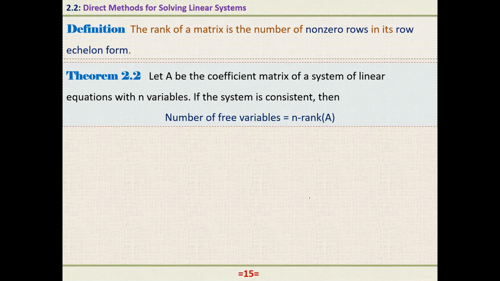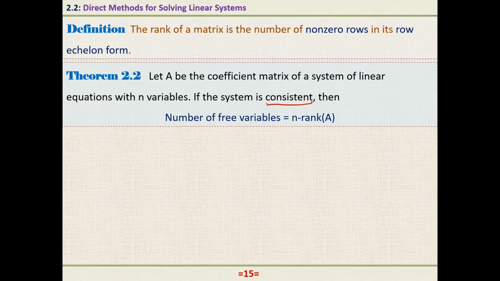So if the system is consistent, and as you remember what we mean by consistent, either it has a unique solution or it has infinitely many solutions, right? So we are not talking about the third case that the system has no solution. We are not considering that in this case. Either it has one solution or infinitely many solutions.